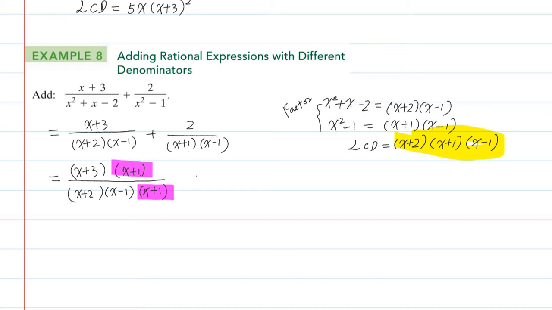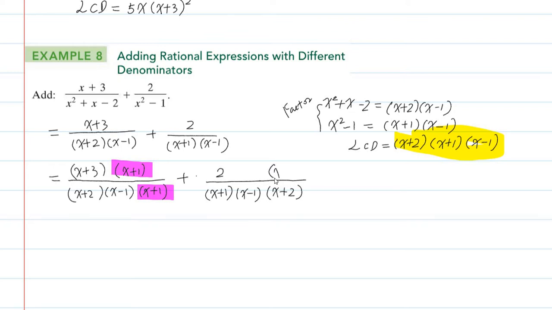I'm just thinking this color is too dark, but anyway, let's just keep it that way. Then again here, the original one is x plus 1, x minus 1, and because of the LCD, we also have to multiply x plus 2, right?